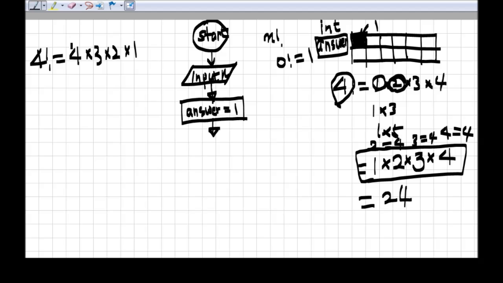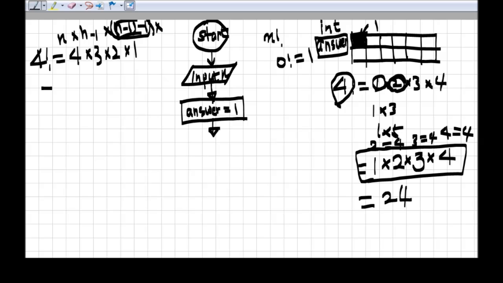What I'm doing is n times n minus 1 times n minus 1 minus 1 times, and go on and on until what? Until whatever I'm multiplying is no longer bigger than 0. As long as that number is bigger than 0. Okay, that's what's happening in here.